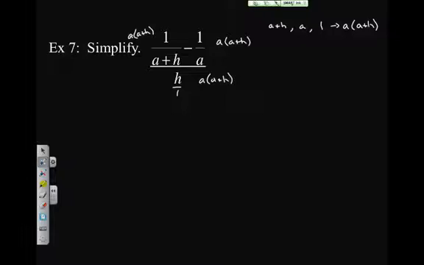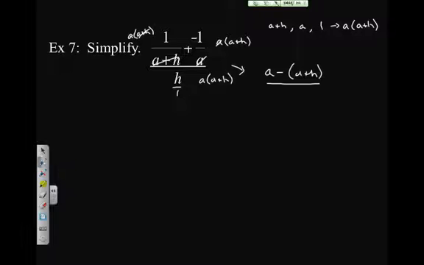So when we do this, first one, a plus h cancels with a plus h, and we just have a. Minus, a cancels with a, and we just have 1 times a plus h. Make sure you keep that in parentheses. We maybe should have switched it right away. That might make it a little easier. Instead of subtracting, we add the opposite.